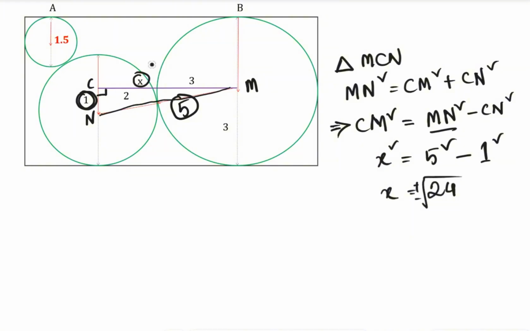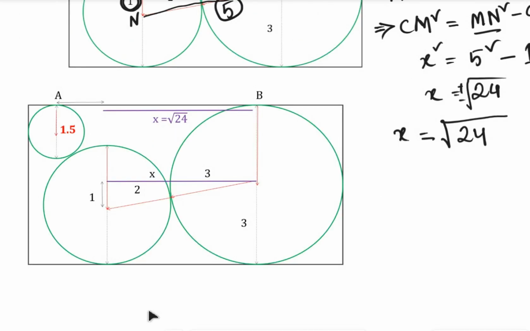And of course, CM is a length, so negative should not be accepted. So x equals the square root of 24, the positive value. This point M and C, which is x, so from B to this one we consider C prime. So this is x, which is the value of square root of 24.